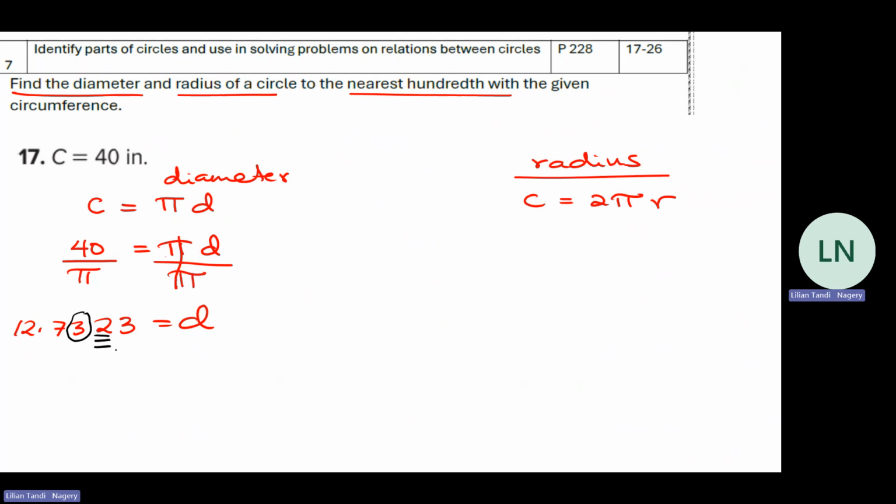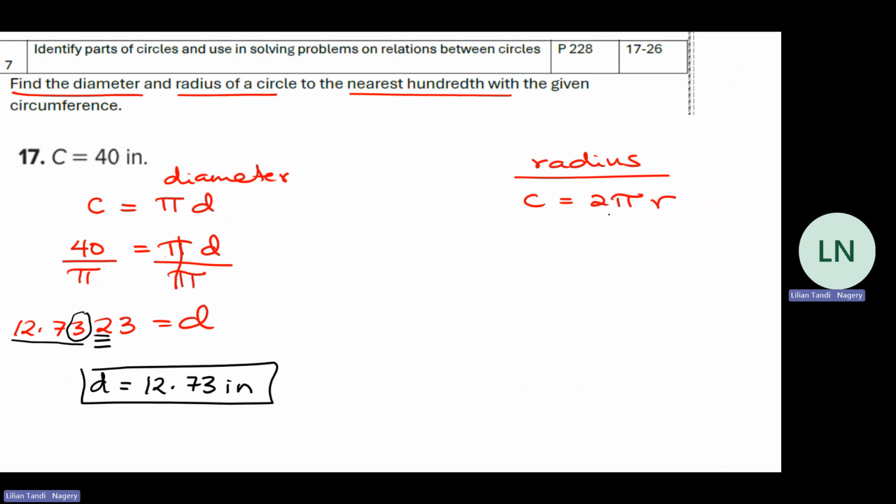You underline the thousandth digit, the digit after the circle. Ask yourself, are you adding? How do you know? If this number is 5 or more, then you add. If it is not, you only choose the numbers on the left of your underlined number. So D equals 12.73 inches. Okay? And you box your answer.